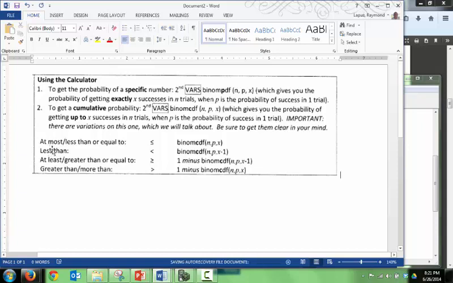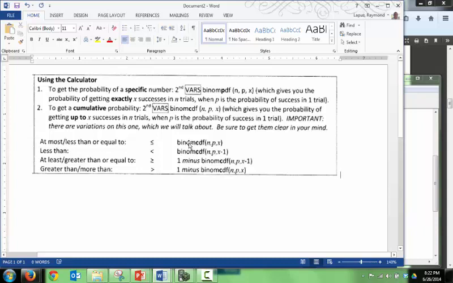So when you see the words, the phrases at most or at least, less than or greater than, then these are the symbols that you would use, and these are the commands that you would use to finish that off.